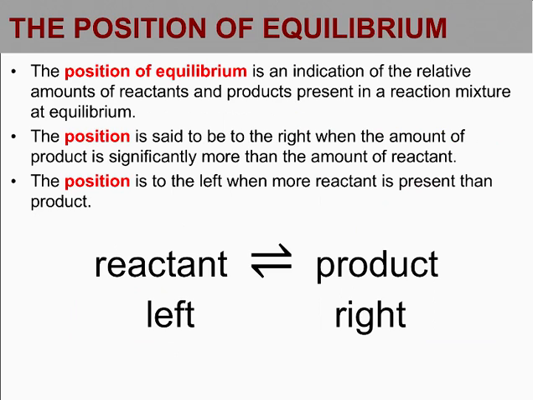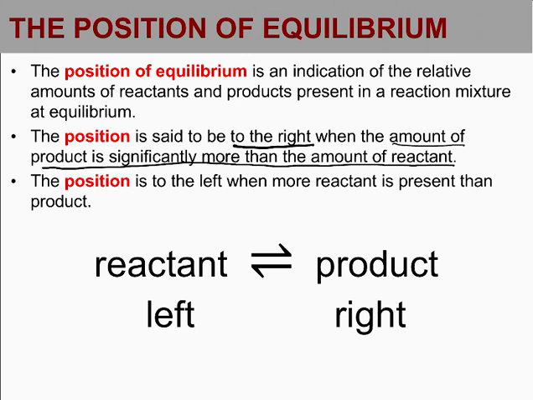So the position is said to be to the right when the amount of product is significantly more than the amount of reactant. If you have a bunch of product, that means the reaction likes to go in the forward direction.